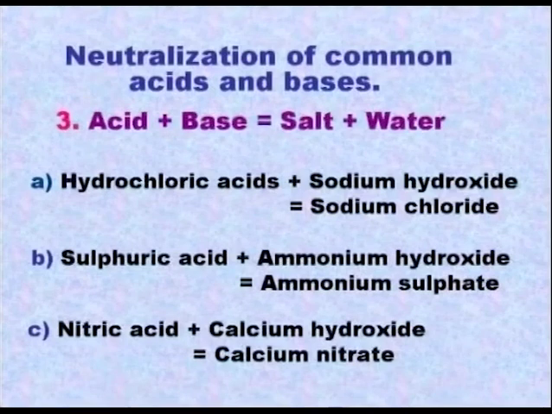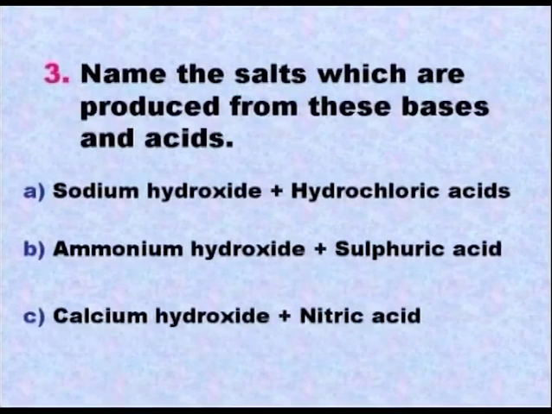Name the salts which are produced from these bases and acids. Now, if you were not able to get the names of the salts, when we come to the answers, you will have them. Okay, let's have a look at the next one. From sodium hydroxide and hydrochloric acid, we have the salt sodium chloride.